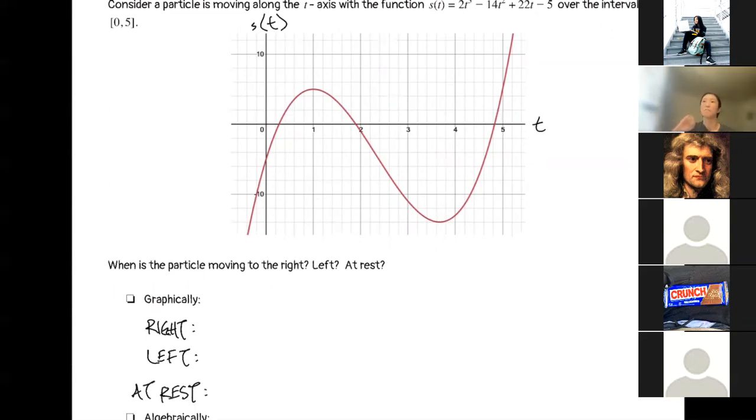Okay. All right. So we've got one idea in the chat that positive y values is right. And we have sort of a similar idea that the slope is what we're looking at. So let's think about that for a moment. Are we looking for slope or are we looking for the y values?